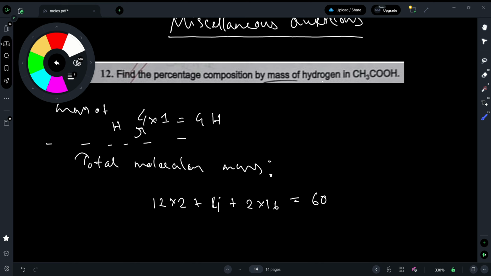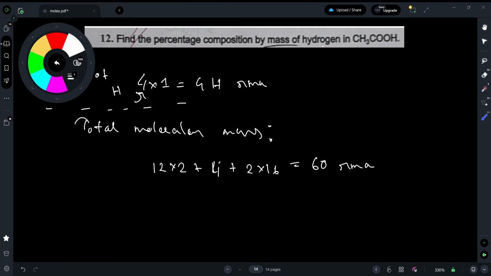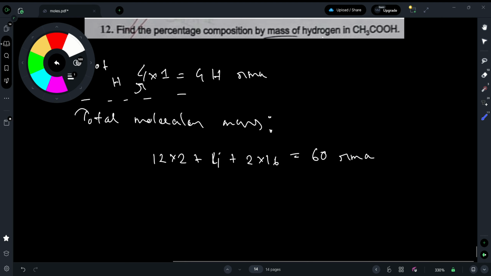Okay, so this has a relative molecular mass of 60. Hydrogen has a relative mass of 4. So they wanted the percentage composition by mass, and what we have here is just relative atomic mass. To find the mass, we use the molar mass ratio.